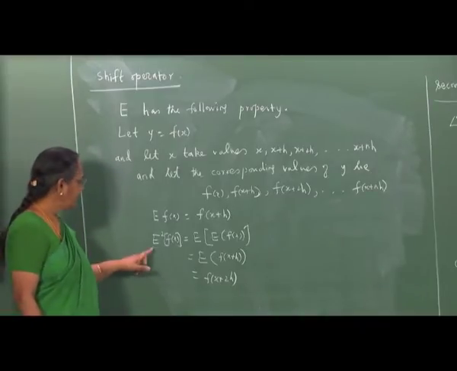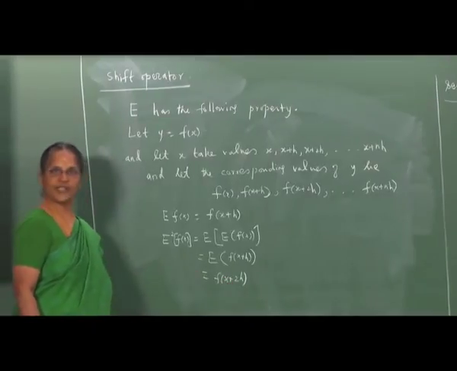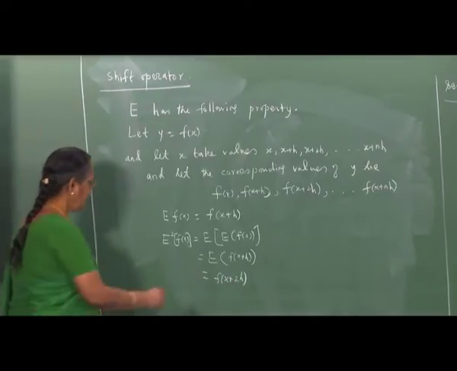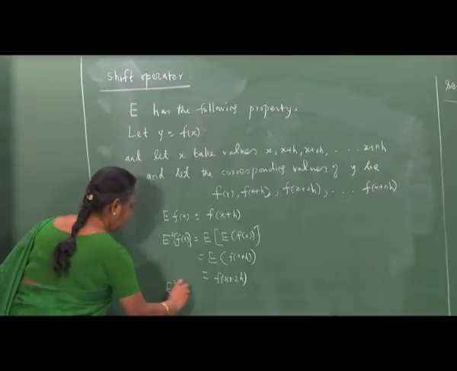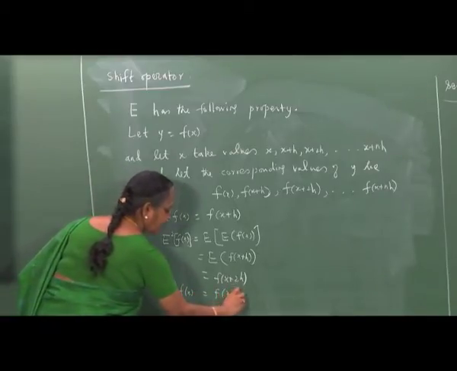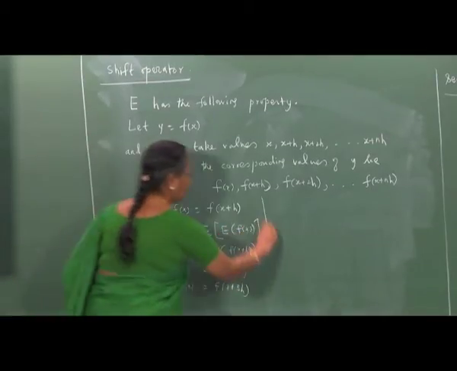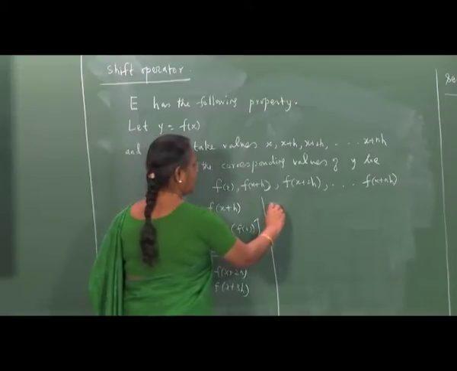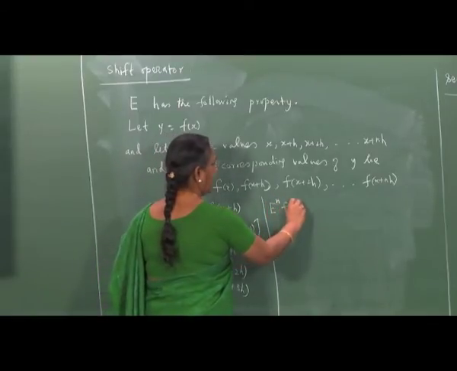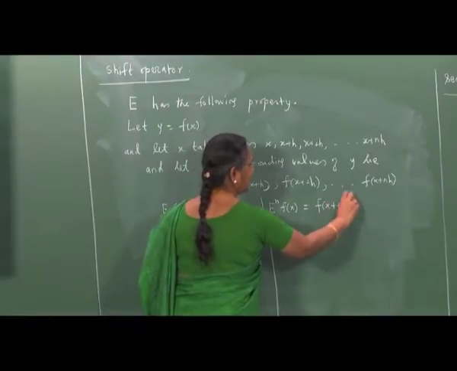So, you observe that E square on f of x is f of x plus 2h. So, now you should be able to tell me what is E cubed on f of x. It is going to be f of x plus 3h, and so on. So, we can write what is E to the n on f of x. That is going to be f of x plus nh.